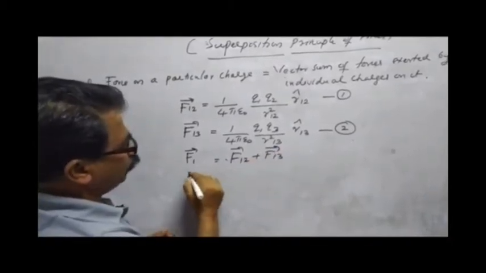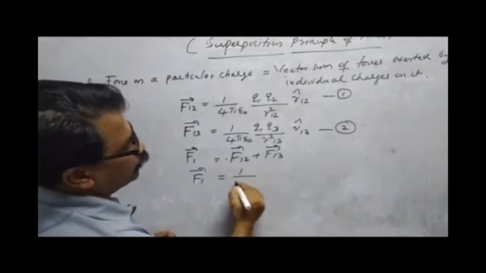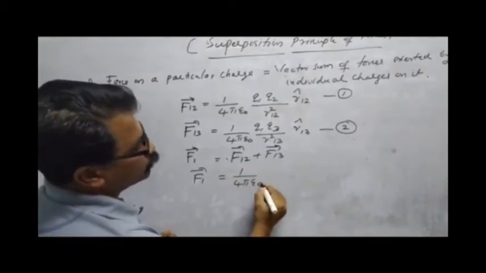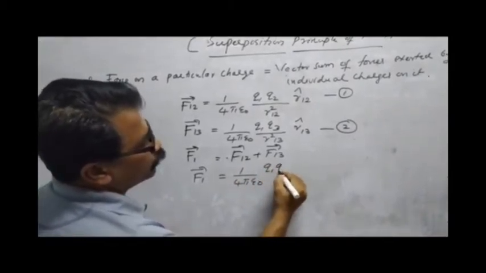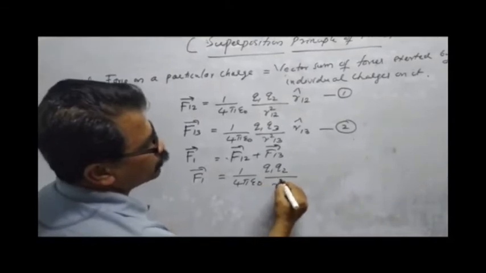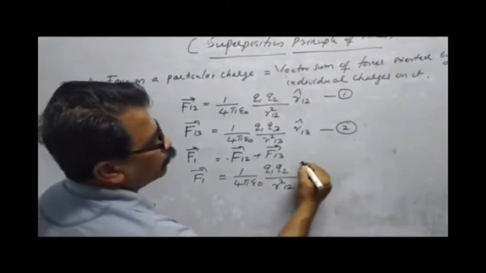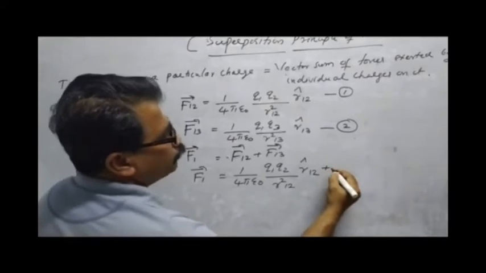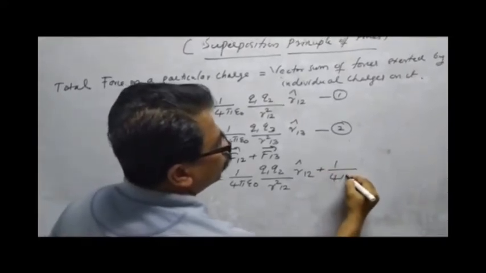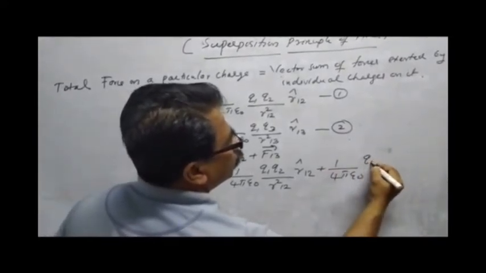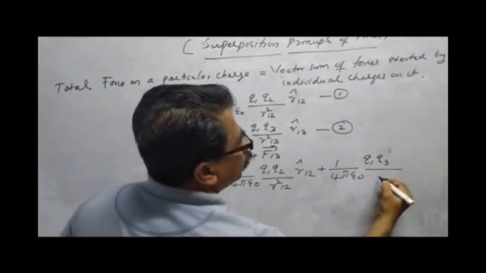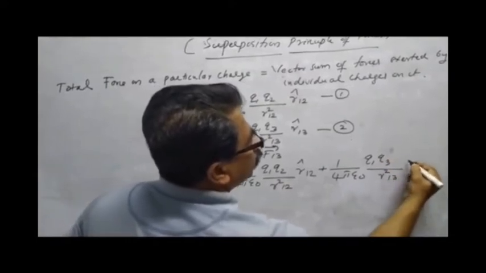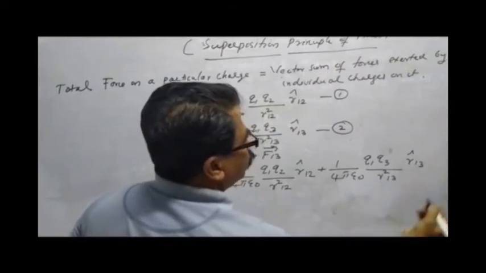Substitute, that is F1 equal to 1 by 4 pi epsilon 0 Q1 Q2 by R square 12 cap R12 plus 1 by 4 pi epsilon 0 Q1 Q3 by R square 13 into cap R13.